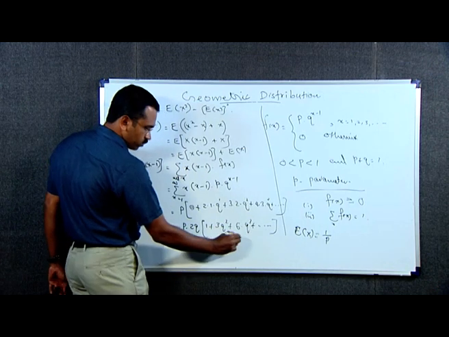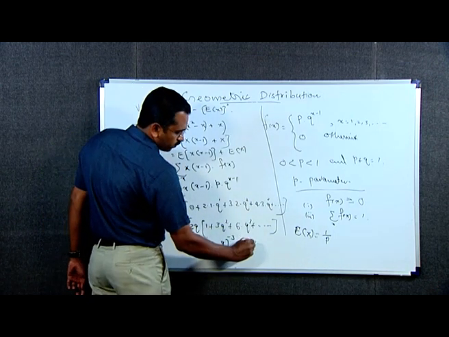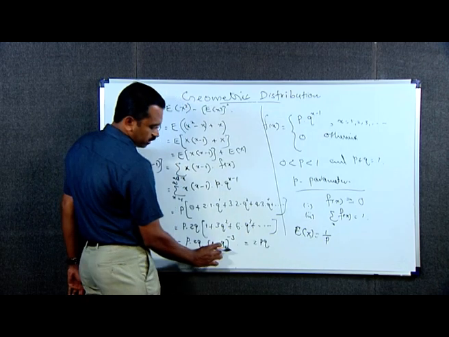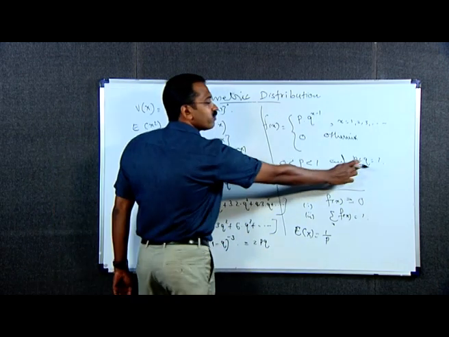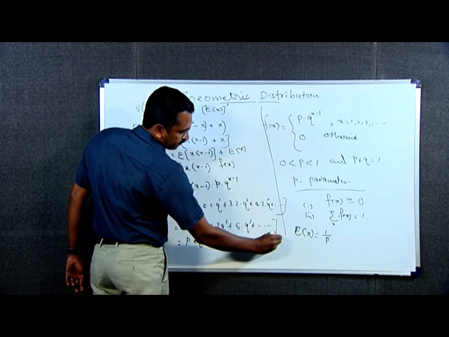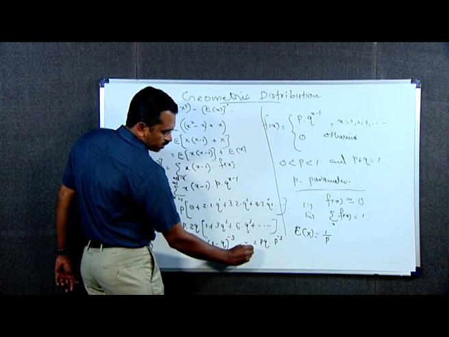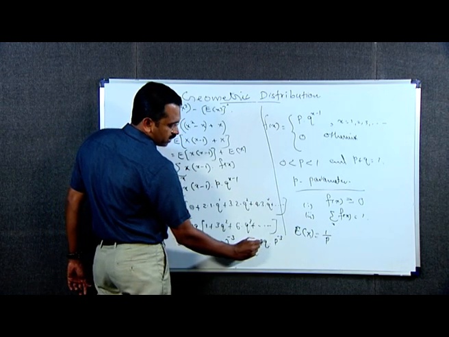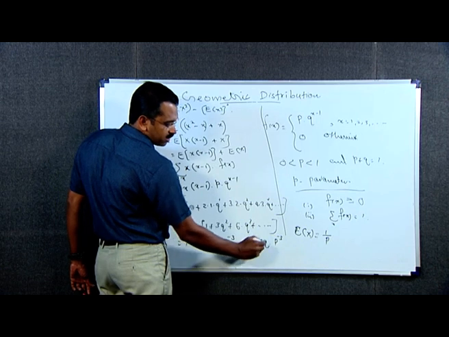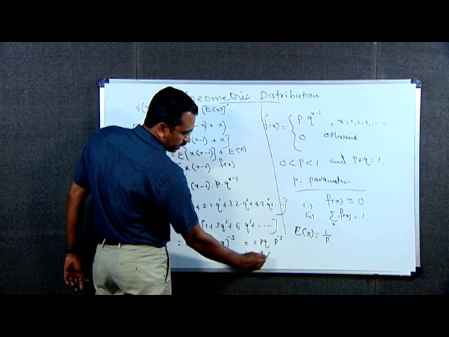Therefore, this is equal to 2 into pq into, since 1 minus q is equal to p, p raised to minus 3, which is equal to 2 into q into p raised to 1 minus 3, that is p raised to minus 2. That is 2q by p square.